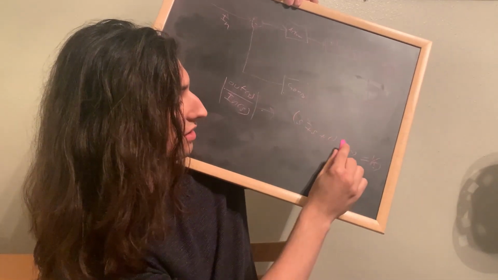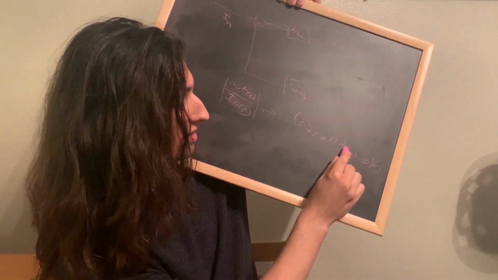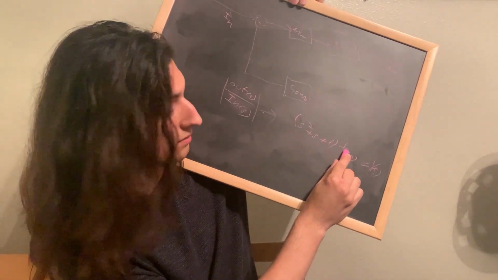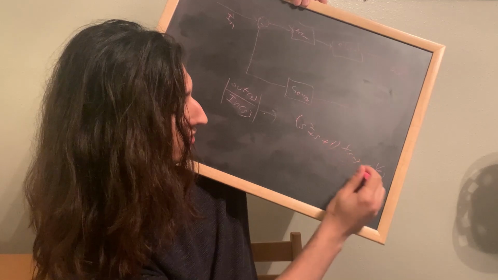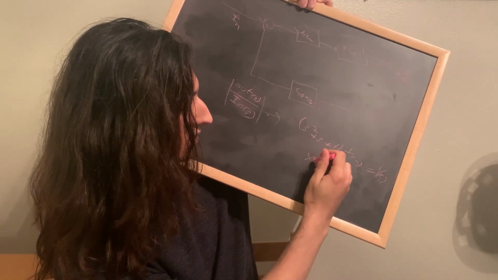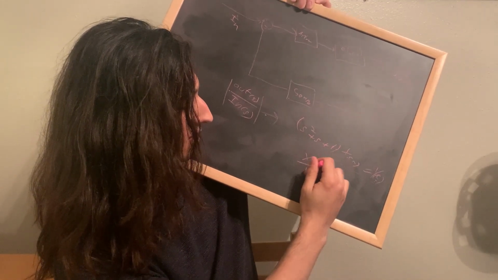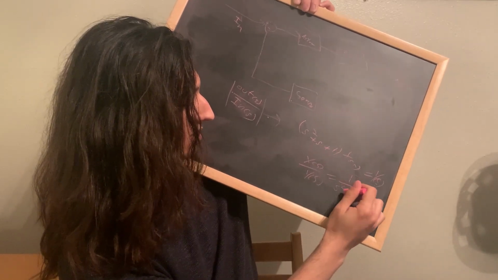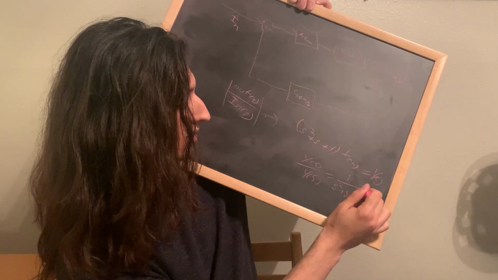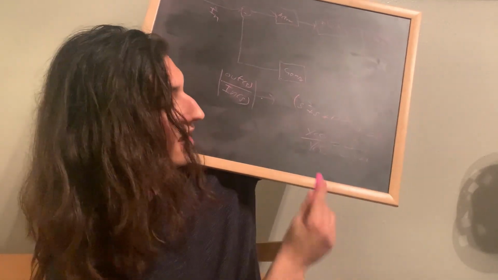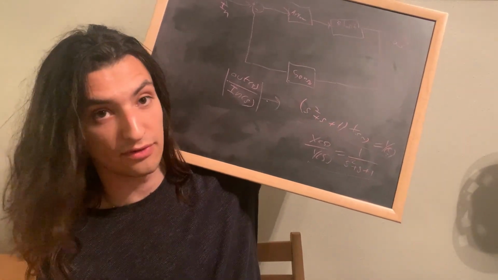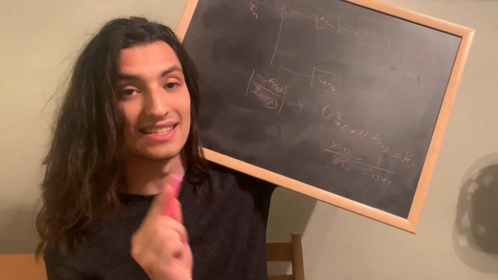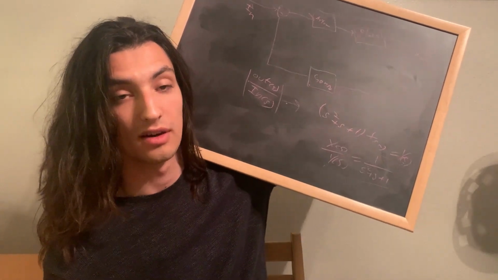Using this as our input, this as our output, we divide, and to get x of s over y of s, we have 1 over s squared plus s plus 1. We have a transfer function that represents the dynamics of our body.